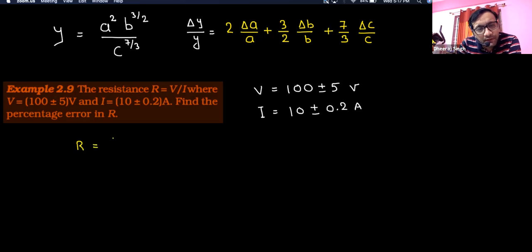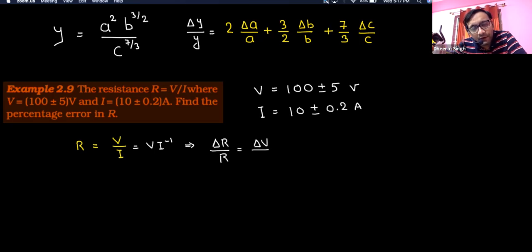Resistance is basically V by I. So since it is the ratio, which I can write as V I to the power minus 1, from here delta R by R is equal to delta V by V plus delta I by I. Fine. So delta R by R.